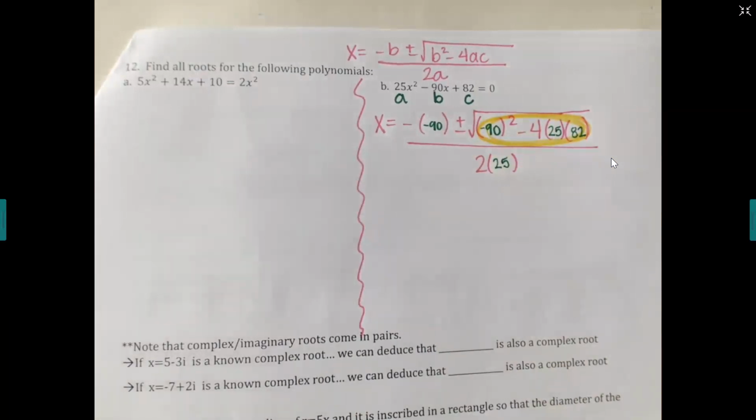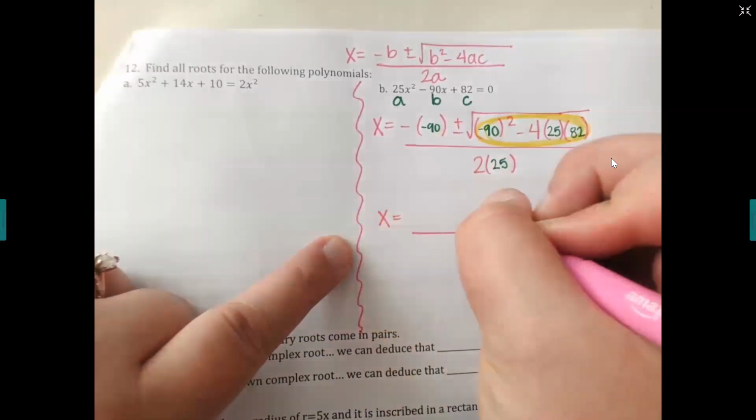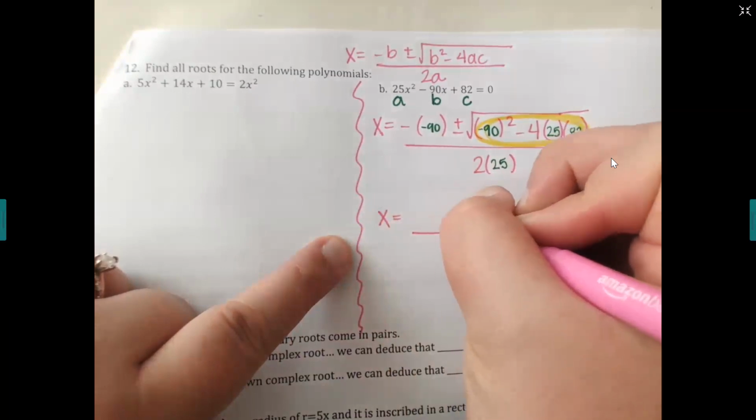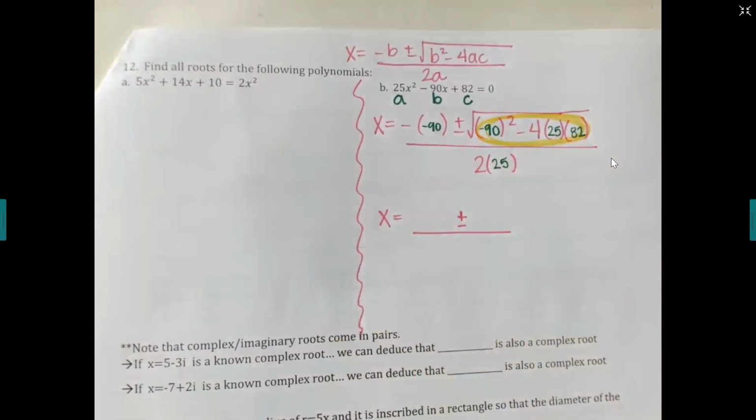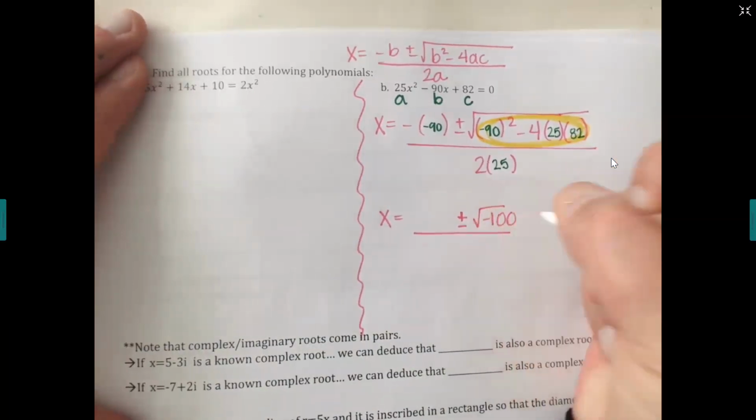So go ahead and type that in for me, please. What are we getting for that number? Negative 100 is correct. Very good.